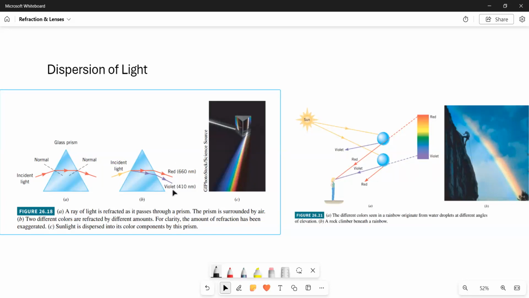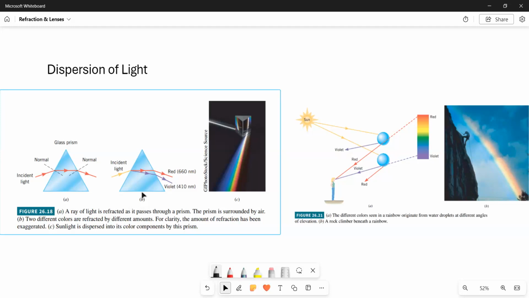When it passes through a prism and it bends, because both of them will bend, remember we talked about that, it's going to be refractive, but guess what? Red doesn't refract or bend as much as violet, right?